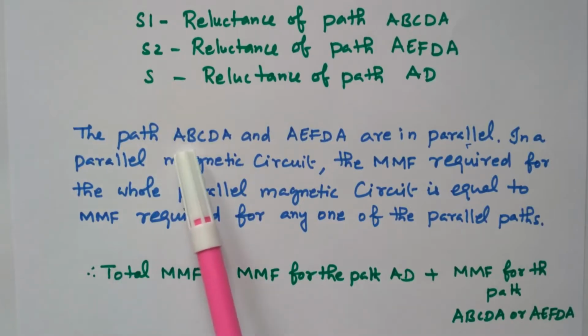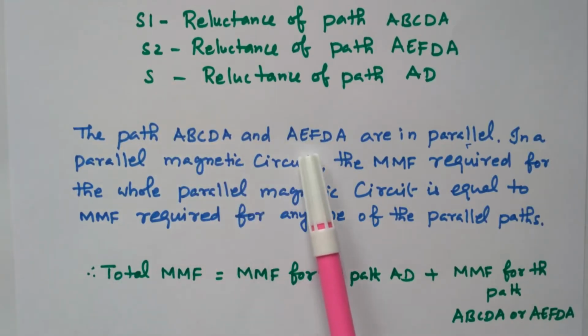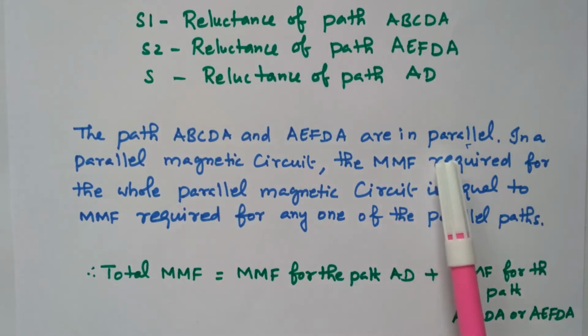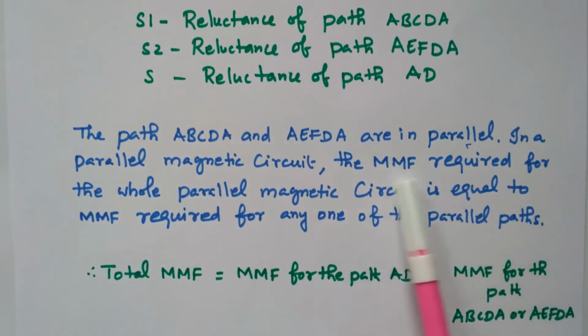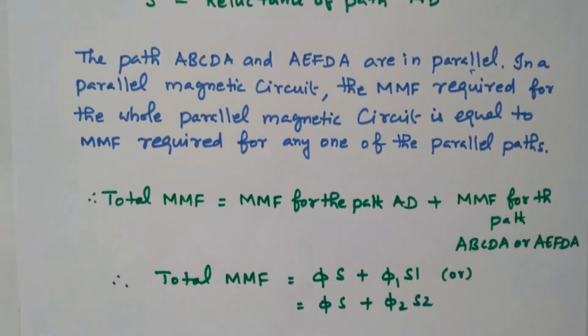The paths ABCDA and AFEDA are in parallel. In a parallel circuit, the MMF required for the whole parallel circuit is equal to the MMF required for any one of the parallel paths, because both are connected in parallel. For the total, the MMF is nothing but the MMF required for any one of the parallel paths.